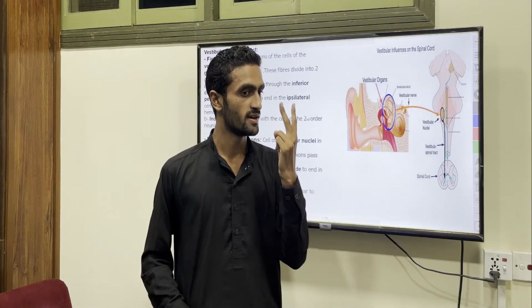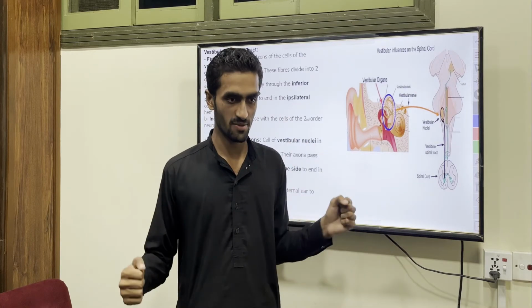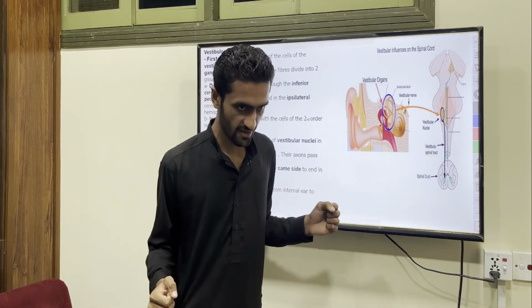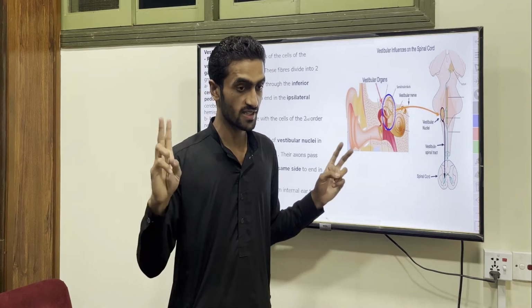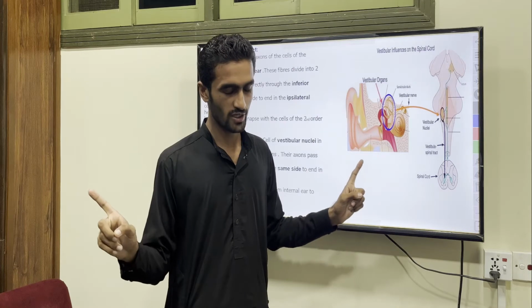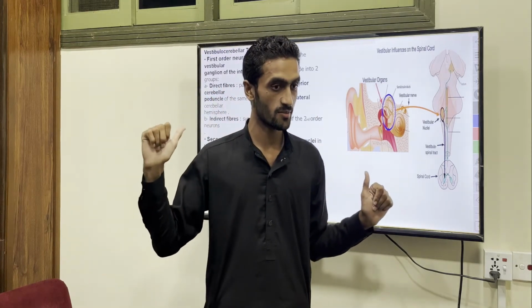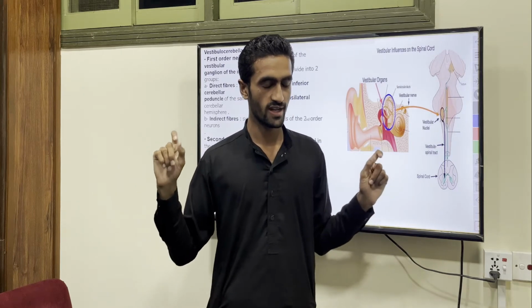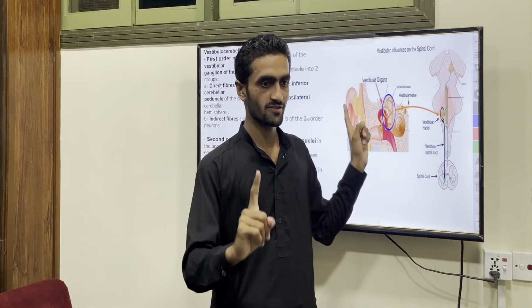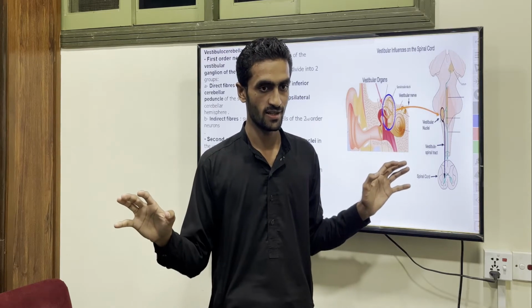At a time we have two working. If two are working, I can balance my body. So if I close my eyes, my vestibular and my dorsal column are working, so I can balance. If my dorsal column is injured, then when I close my eyes I have only one single path, the vestibular, so I cannot balance my body.